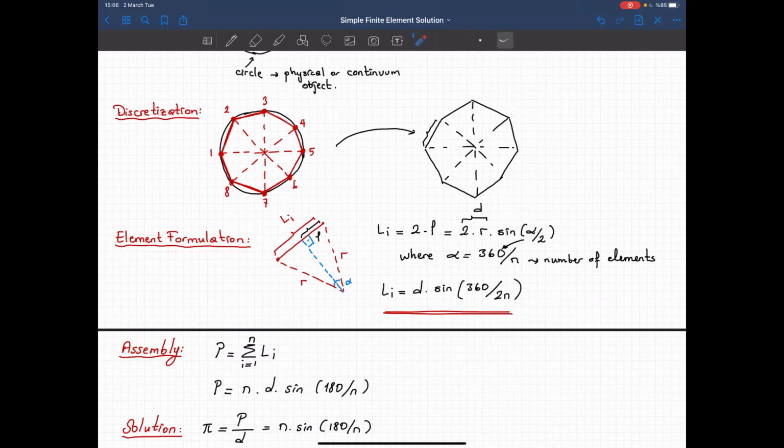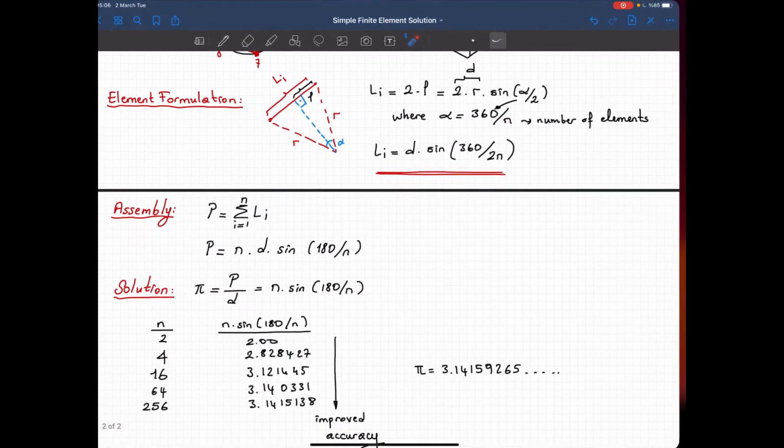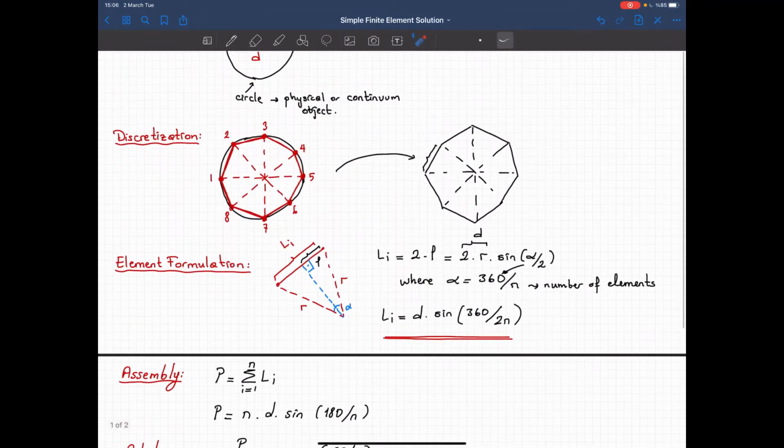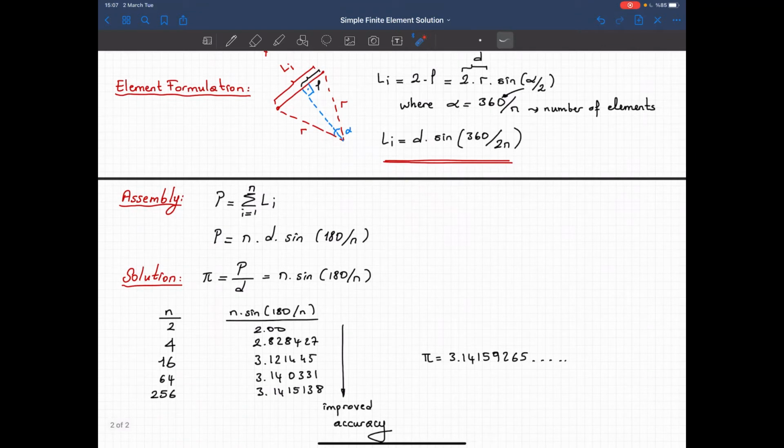So here I use a linear approximation, right? I calculate the length of this line by using the things that I know, the radius and the angle. And I calculated with a certain accuracy by using 256 elements. The other option is maybe to use a polynomial, a curve here, and calculate the length of that curve. So it's a different formulation, and maybe it will give us more accurate results when we use a smaller number of elements.